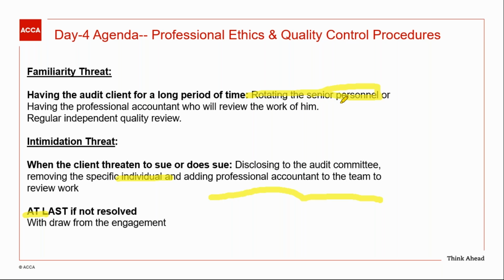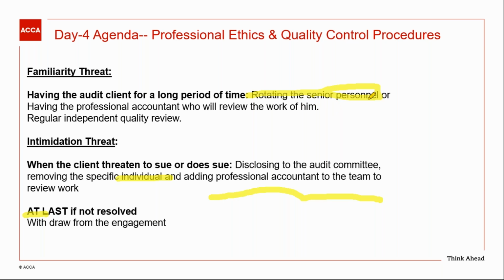The audit firm cannot carry out a proper audit. So if the audit firm has a long relationship with the client, what can be the possible safeguards to reduce that threat?